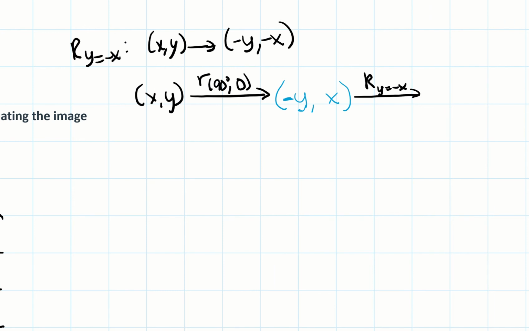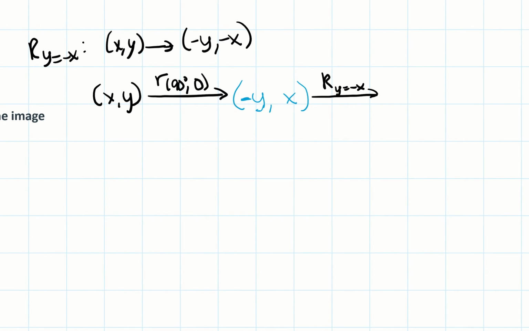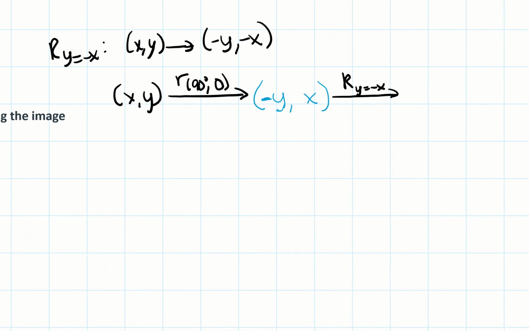If you switch the first and second positions, you're left with (x, negative y). But then you have to put a negative in front of them. A double negative in front of this y turns into a positive. So this basically becomes (negative x, y).